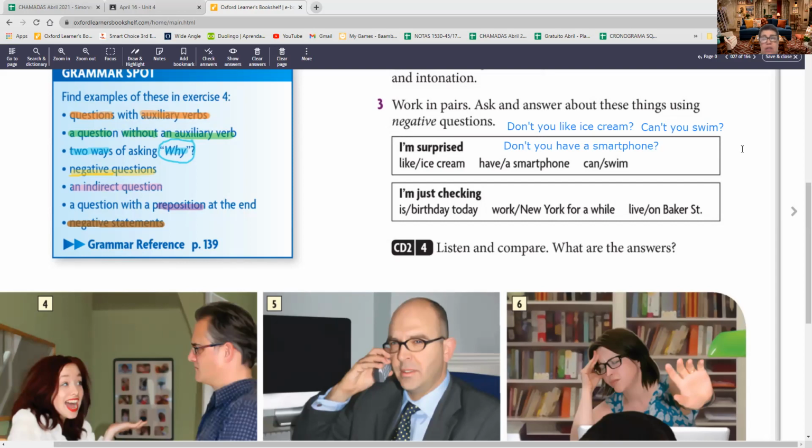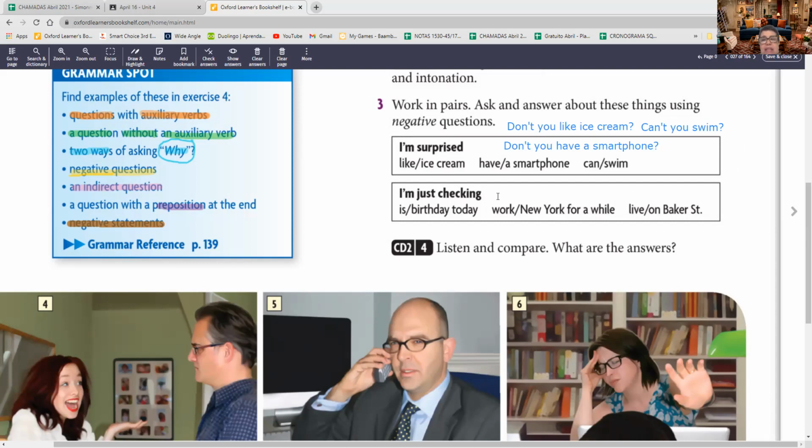Instead of putting the auxiliary first in a situation of surprise, you can keep the normal sequence of the sentence, the affirmative or the negative. You can make a statement, but your intonation will show how you feel. So, you can't swim? Come on, no kidding, right? But here we are practicing with questions. So the auxiliary goes first. All right. Can't you swim?